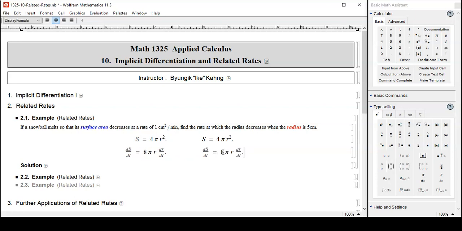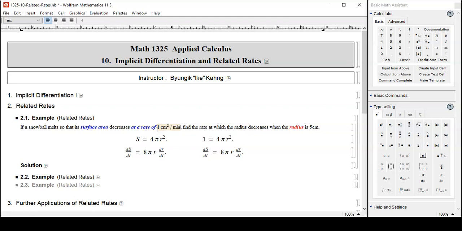Okay, alright, I did some preparation. Now let's plug in some numbers. What is equal to 1? Surface area. Do I plug in 1 right here? No, not really. It says it decreases at the rate of. So the surface area is not equal to 1.